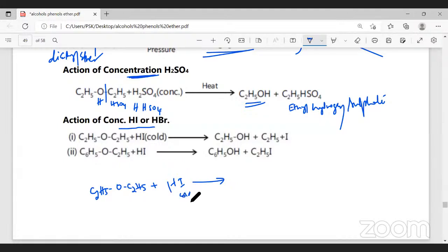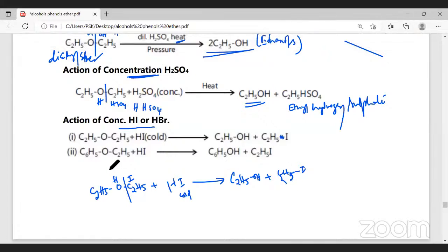What happens is the bond breaks here. Hydrogen attacks oxygen, iodine attacks this carbon. Therefore, you get a molecule of ethanol and we get ethyl iodide, C2H5I. Here it is wrongly printed, there is a bond here, C2H5I. Similarly, you can take a phenyl aromatic ring also, you get phenol and the iodide. This is in cold conditions.